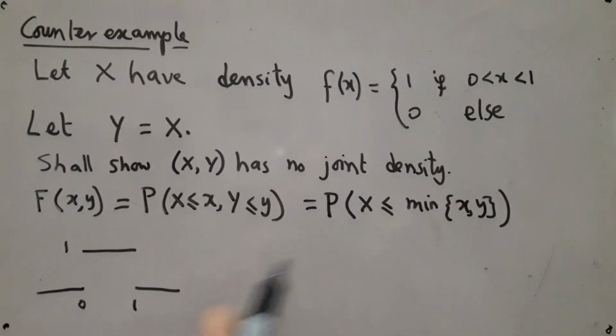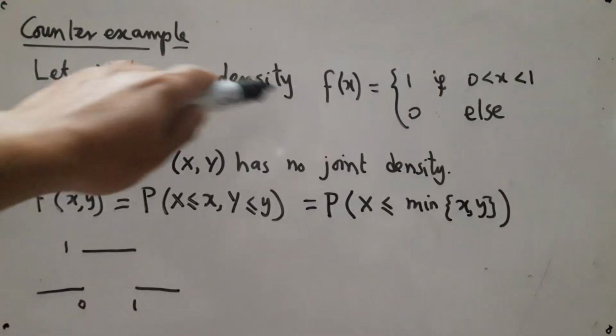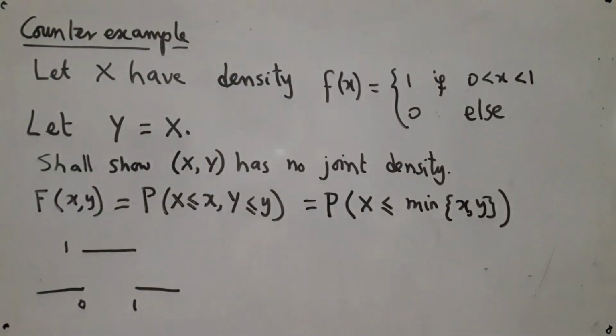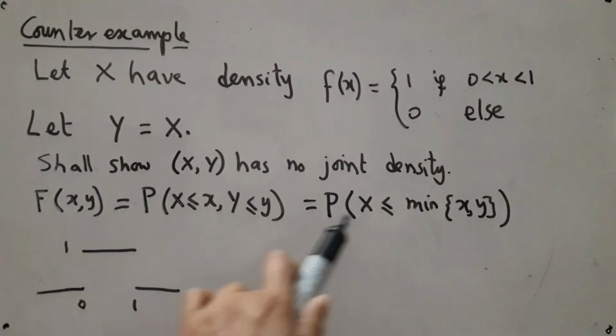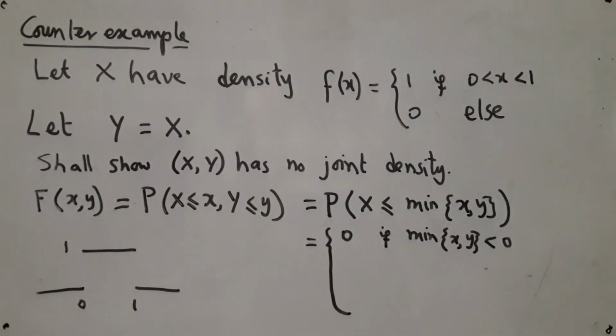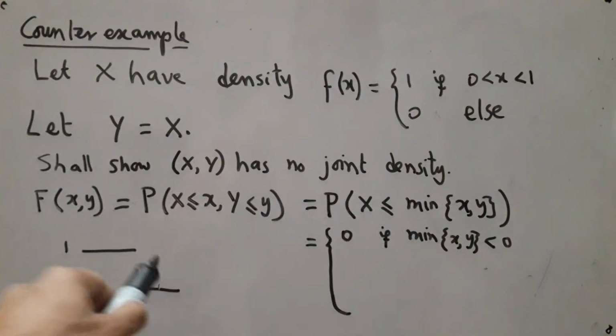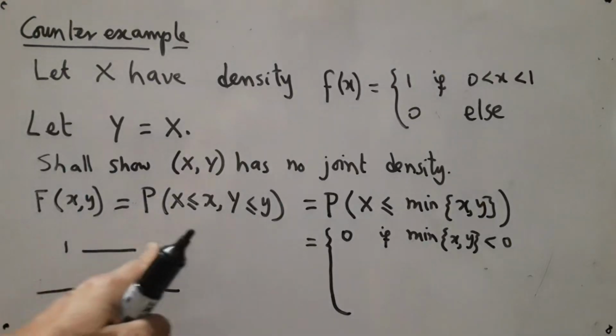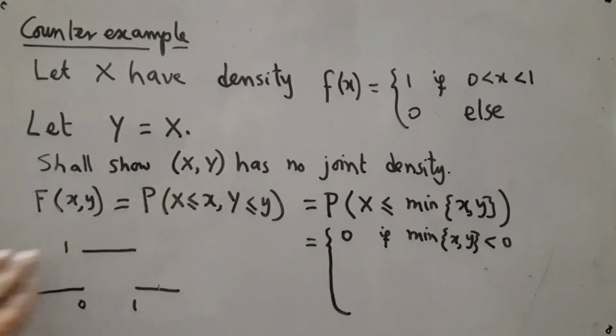In order to compute this, I have made a little sketch of the density function. You can see that my x takes values only between 0 to 1 because only there the density is positive, otherwise it is 0. So if this minimum xy is less than 0, then I am certain that this is going to be 0. Similarly, if this minimum is somewhere here greater than or equal to 1, then certainly the entire area is to its left.